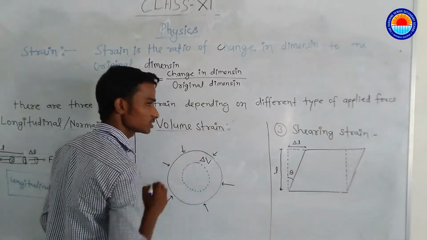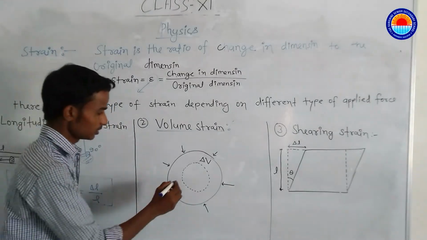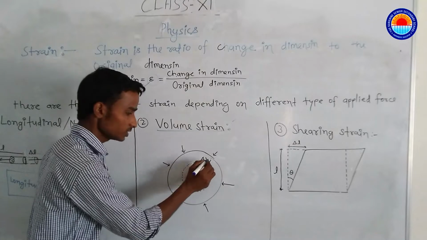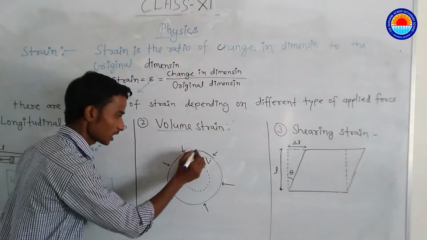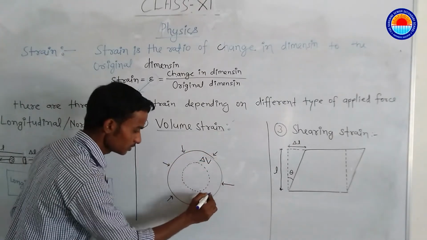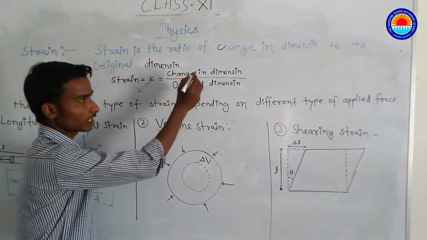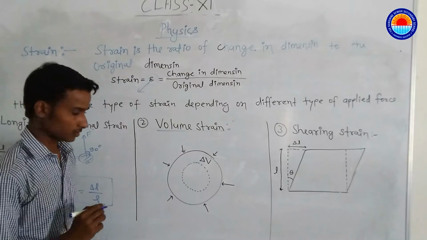And second, volume strain. Why do we call it volume strain? Because in this system, volume decreases if we apply normal force at every point. We know strain is equal to the change in dimension to the original dimension.